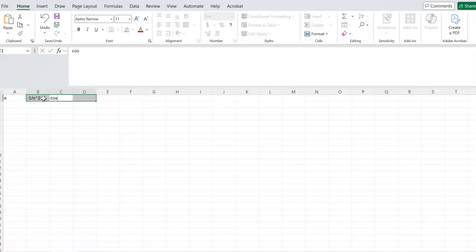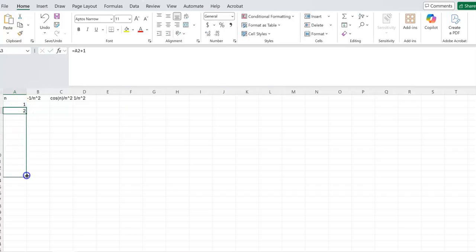This would be cosine of n over n squared. And this is going to be 1 over n squared. So I'm starting with 1, increasing, and I'll just do a few of these, maybe go up to 10, 12, something like that.